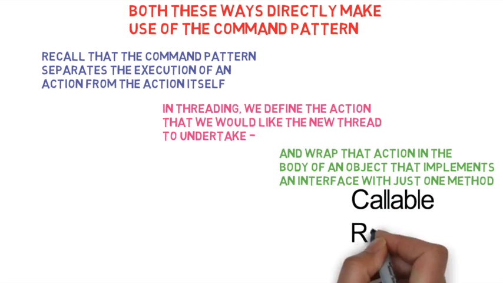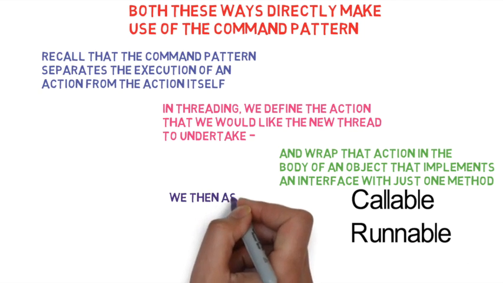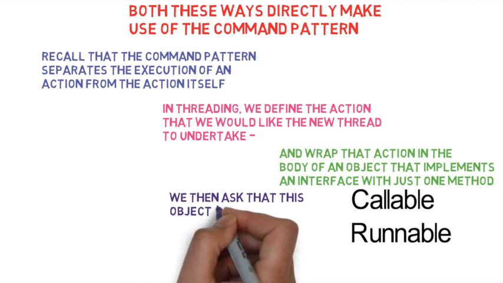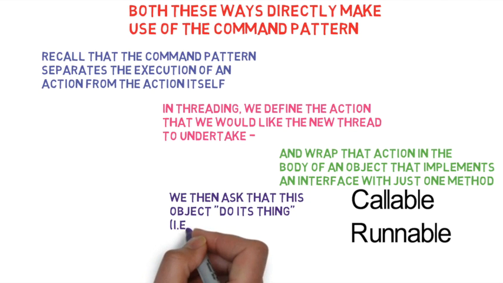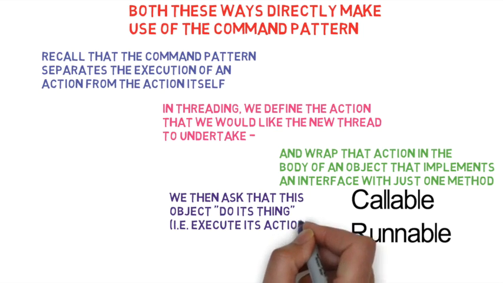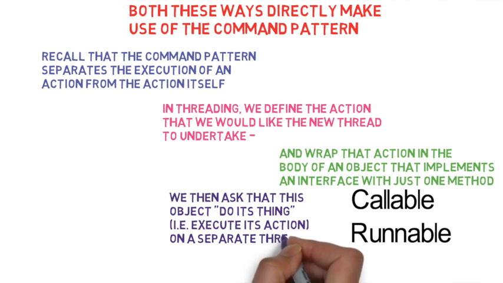So we wrap this action object in a callable or a runnable. We just tell this object, do your thing. And when the Java virtual machine swaps that thread into the CPU, it will be executed. We don't know when it will be done. We can wait for its result, but the act of calling execute on that object is left up to the Java virtual machine.